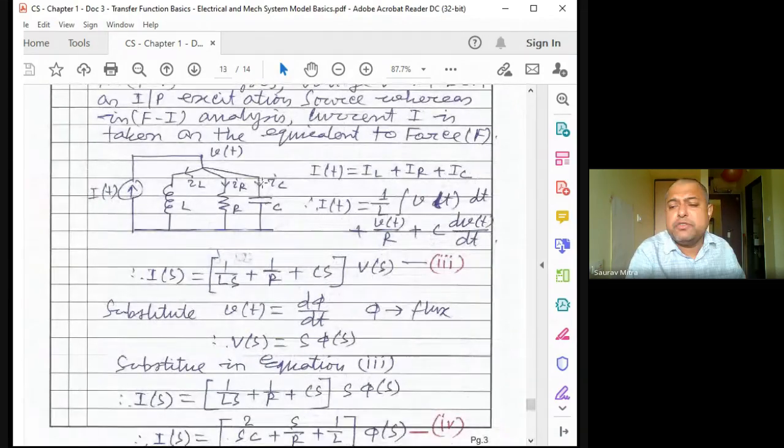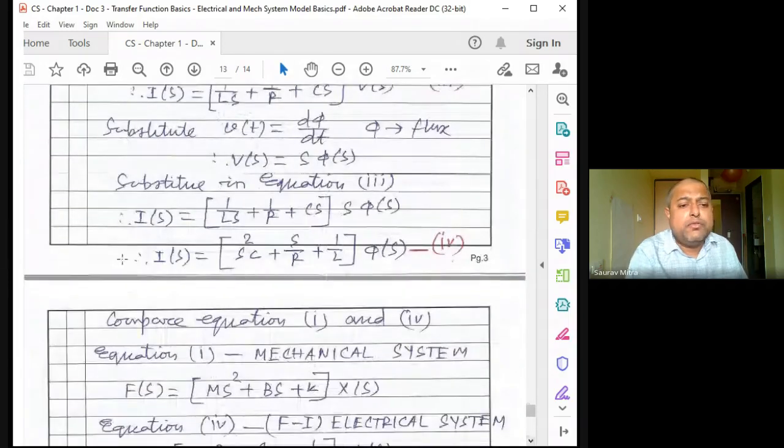Between these two, if you try to find the analogy, the first thing is that force F is equivalent to current. So current is the input in the Fi analogy. This is an electrical circuit, a parallel circuit, where current is the input. S square C: capacitor is proportional to M, that is mass. In the FV analogy, inductor was equal to mass.